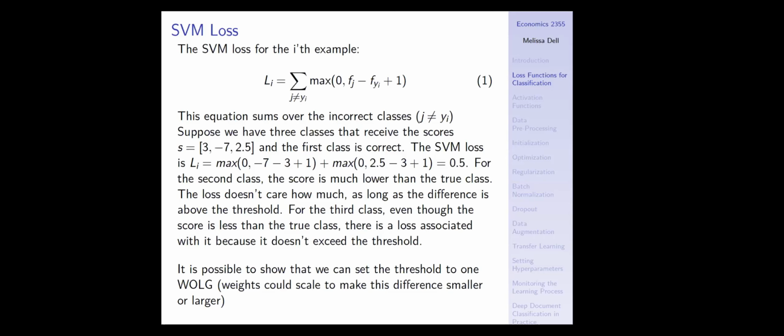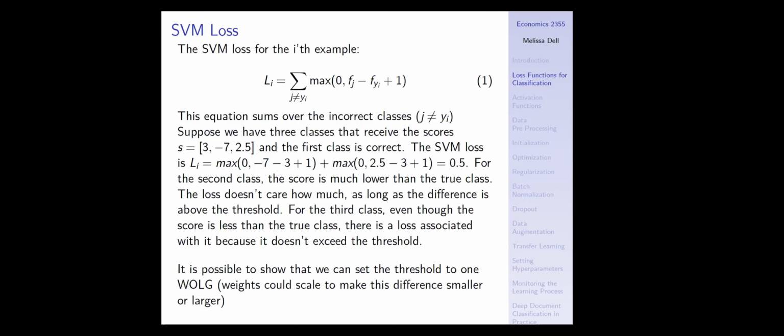So that's going to be a loss of 0. Of course, you'll note, that score could have been 2 instead of -7, so much closer, and that would still be a loss of 0, as long as the difference was above that threshold of 1. And so in other words, with SVM, the loss doesn't care about the magnitudes of the scores per se, as long as the difference between the class score and the true class score is above the threshold.